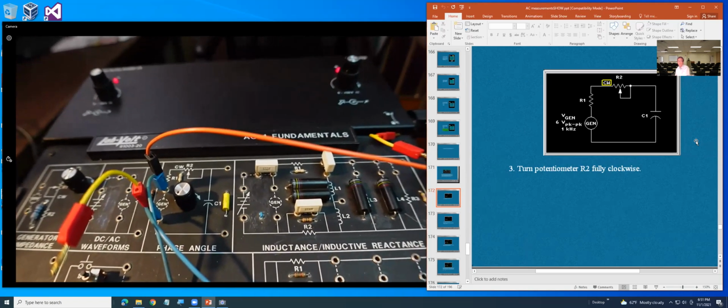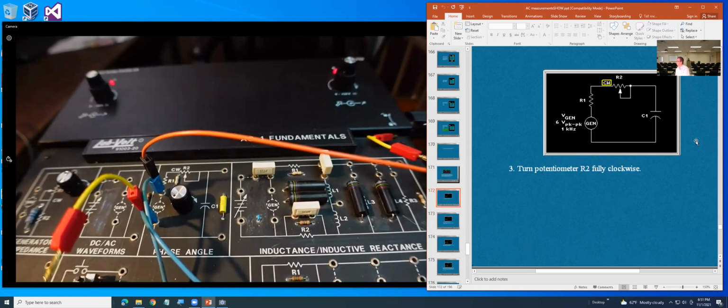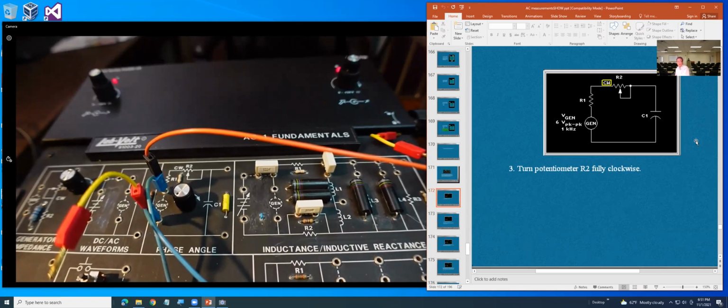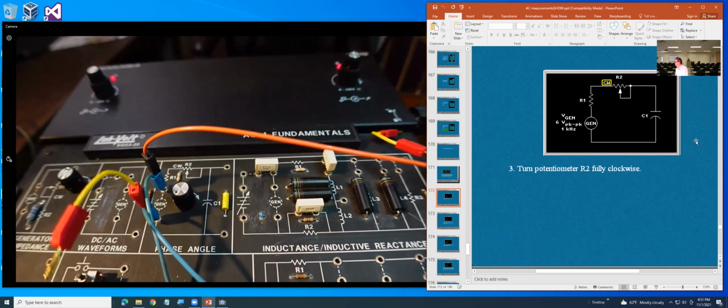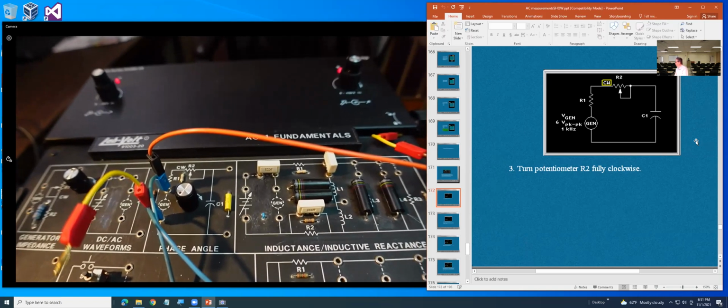And now you see the phase angle. Okay, so you connect the generator and the scope.